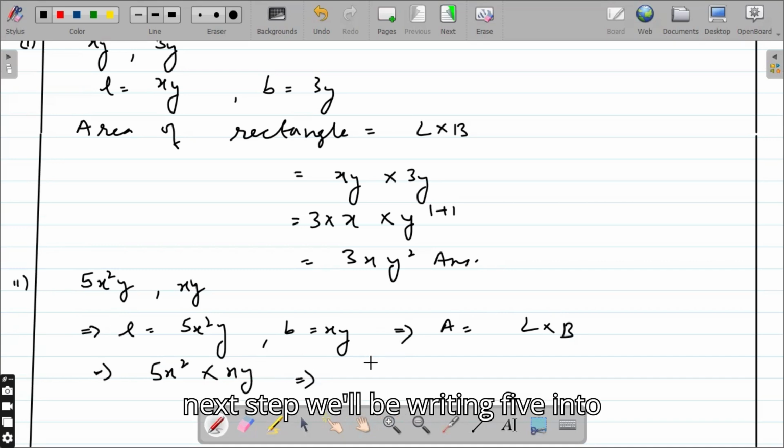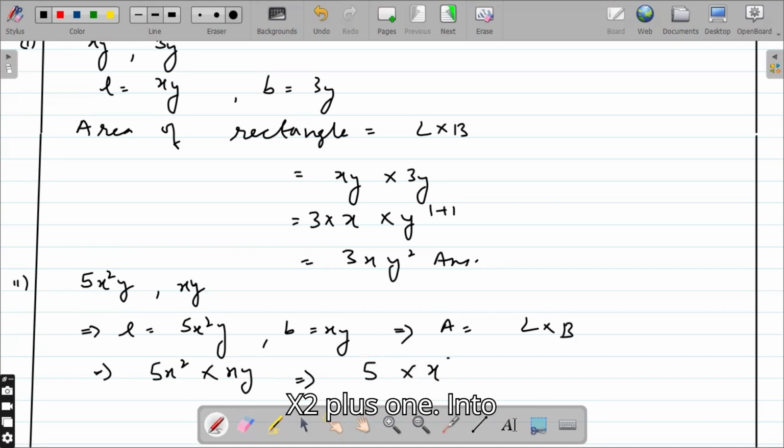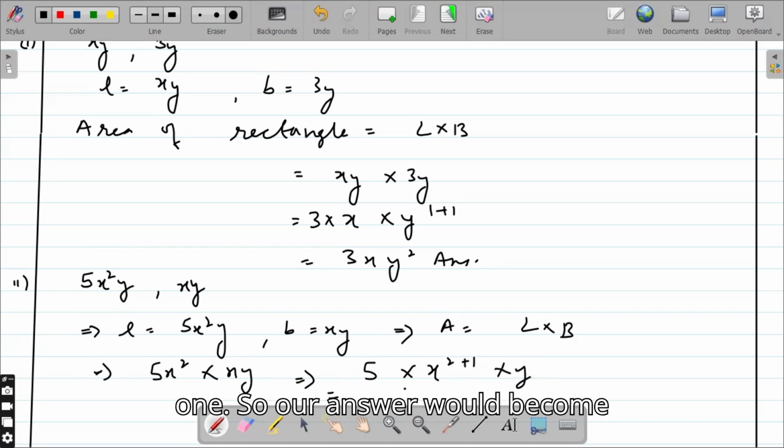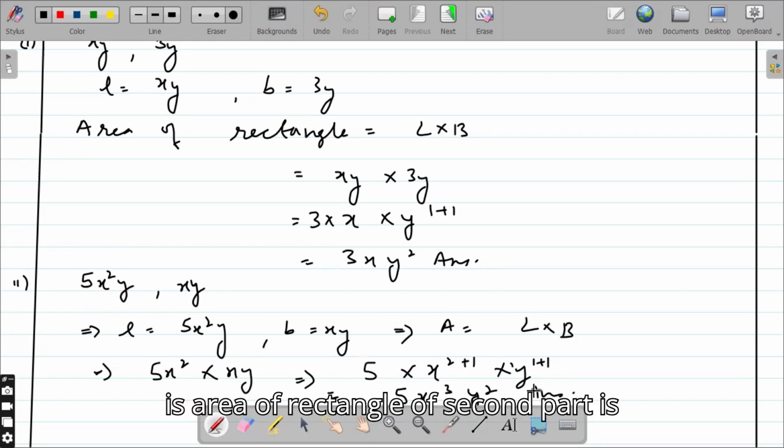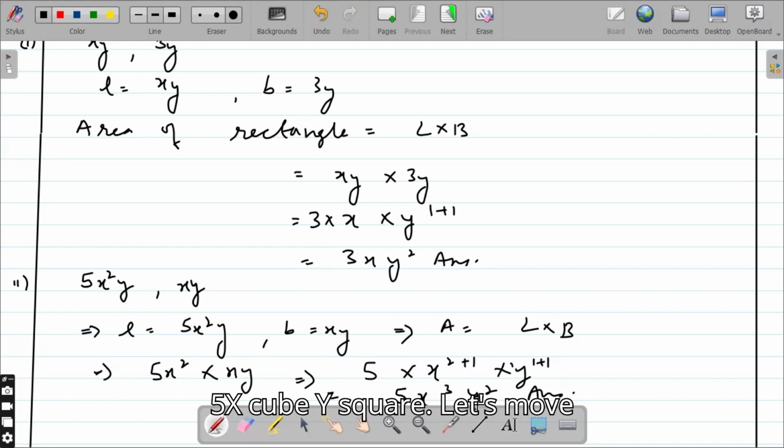In our next step, we'll be writing 5 into x^(2 plus 1) into y^(1 plus 1). So it will become x cube y square. So our answer is area of rectangle of second part is 5x cube y square.